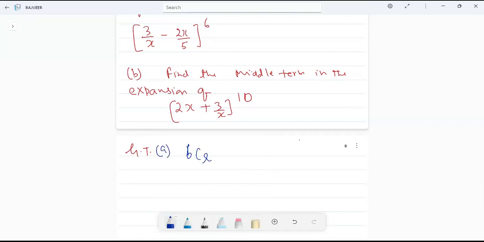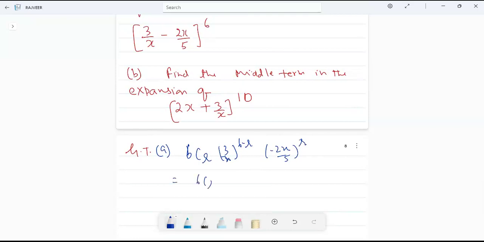So 6Cr times 3 over x to the power 6 minus r, and minus 2x over 5 to the power r. Now we have to focus on the term containing x.